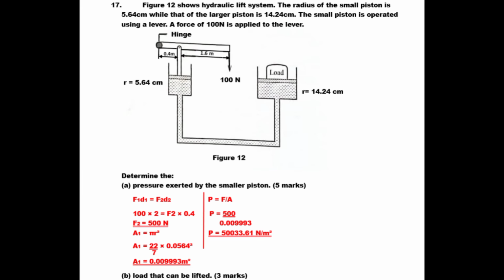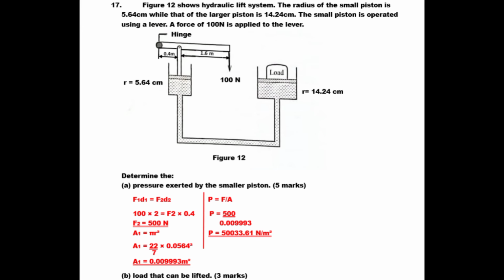Then pressure is force over area. So the force is 500 and we have the area. So you divide and then you get the answer for pressure as 50,033.61 Newton per square meter.